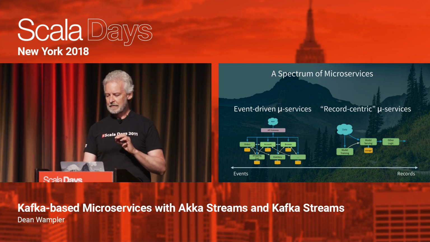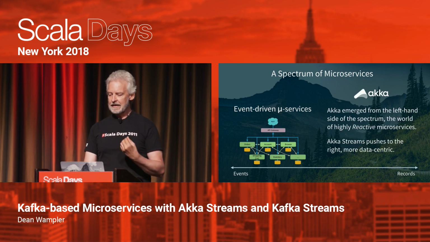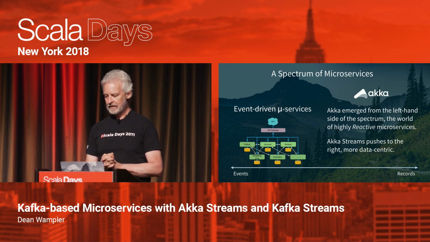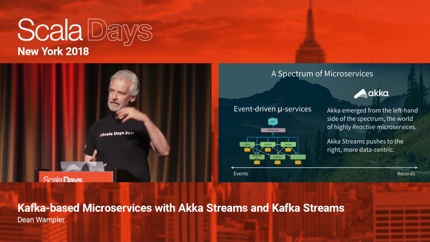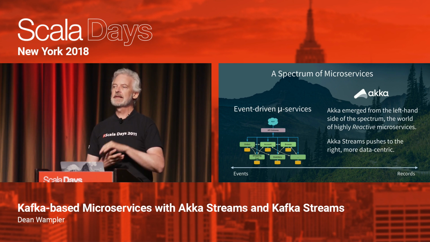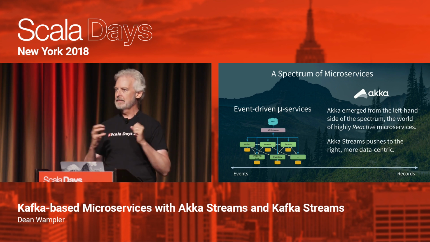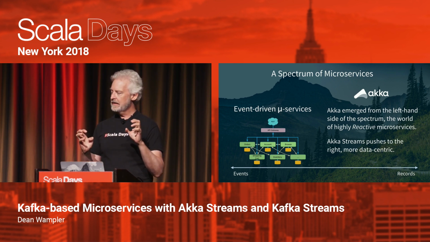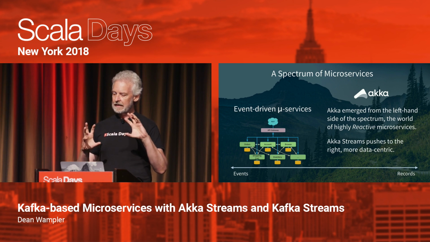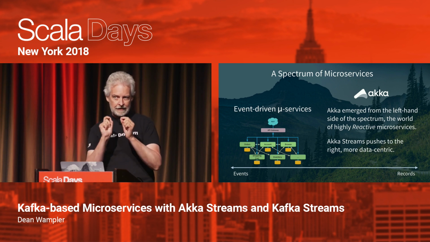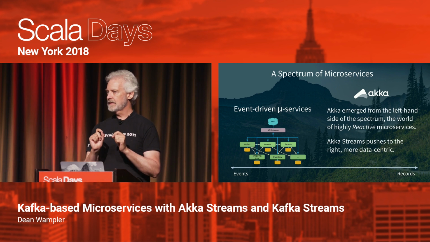So I think that's important because to me, Akka Streams emerged out of the left-hand side. It started as this great microservice toolkit, and then Akka Streams is this streaming DSL on top of it. But it really has that mindset of I'm processing events, and I need very fine-grained control over what I'm doing with this data.